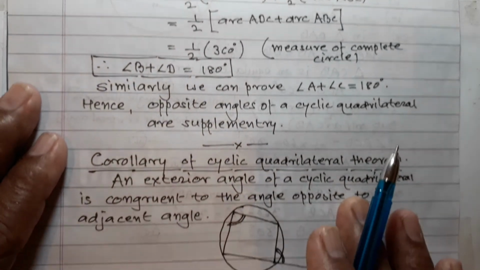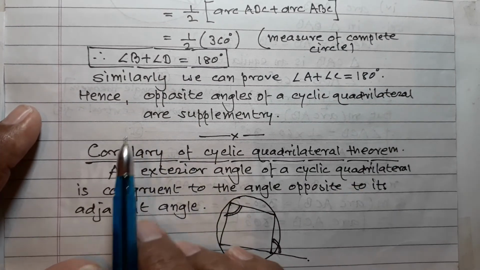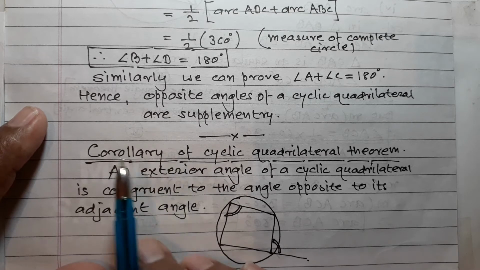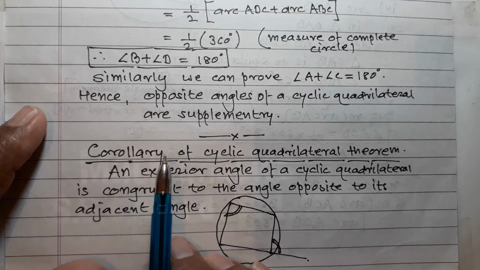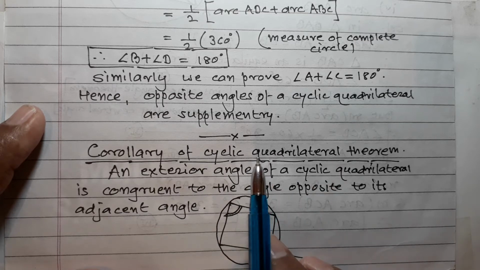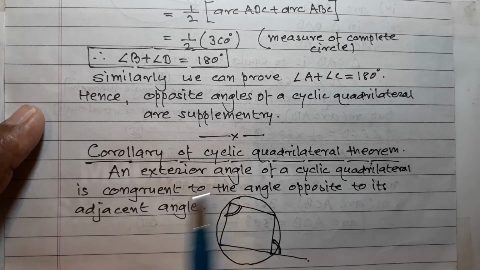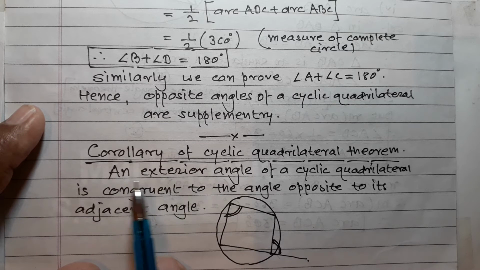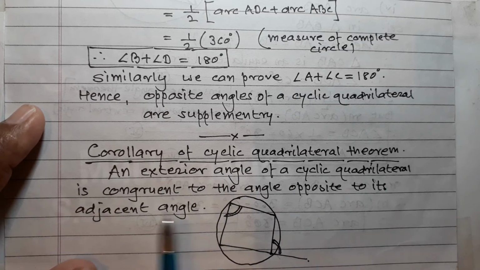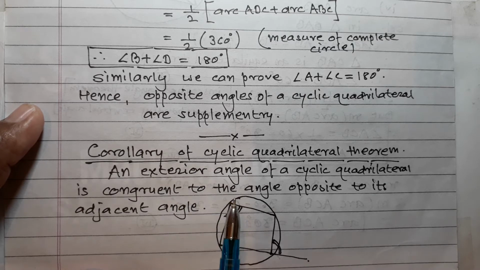Then try to understand the corollary. Corollary means it is a property. Corollary of the cyclic quadrilateral theorem: an exterior angle of a cyclic quadrilateral is congruent to the angle opposite to its adjacent angle.